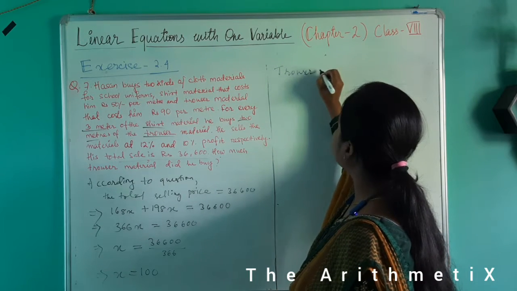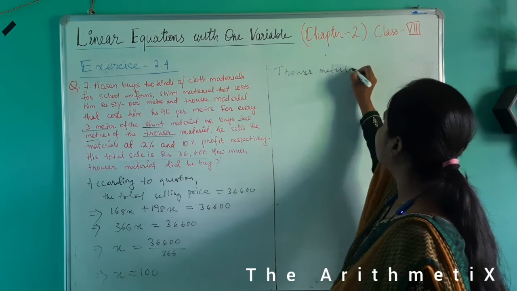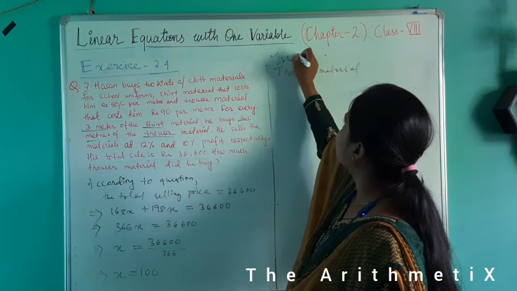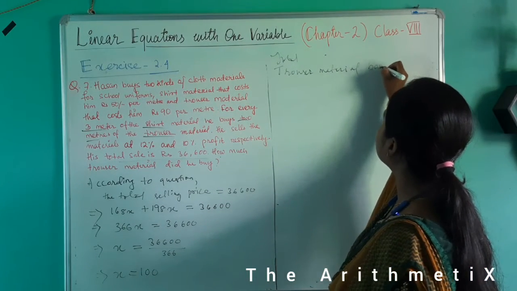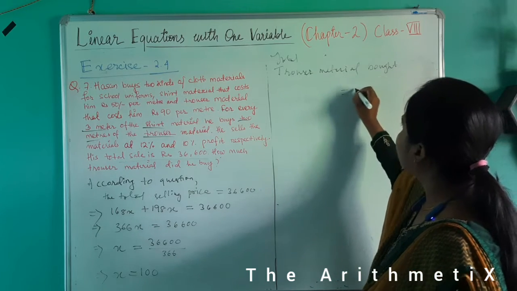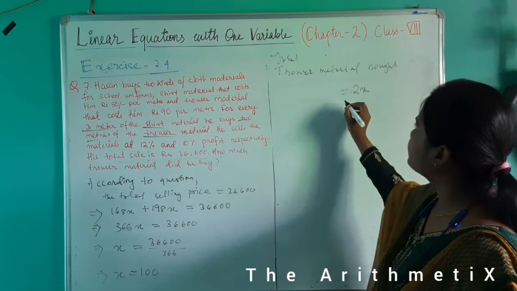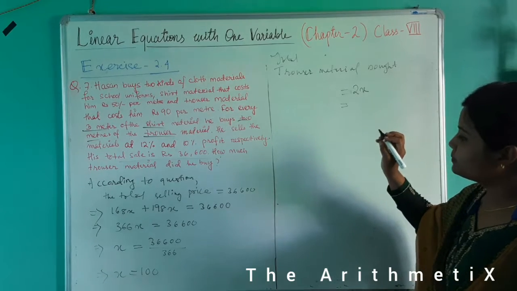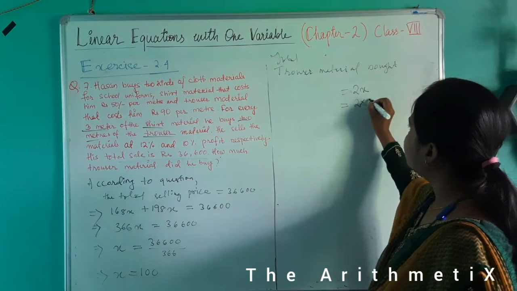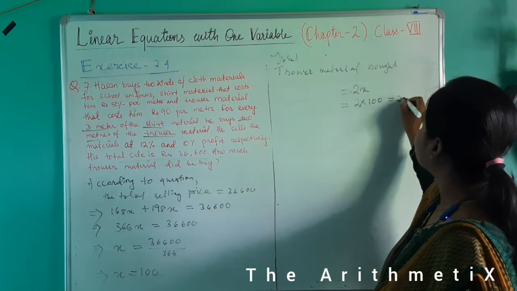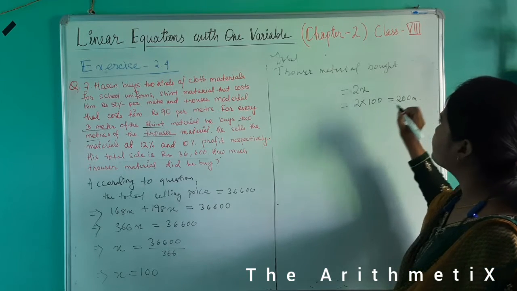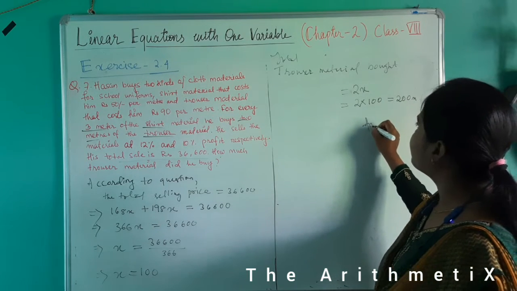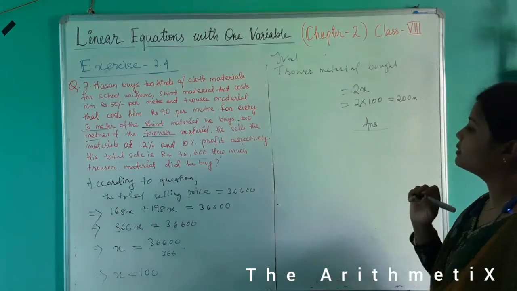Total trouser material bought equals 2 into 100, that is 200 meter. So the length of trouser material that was bought was 200 meter.